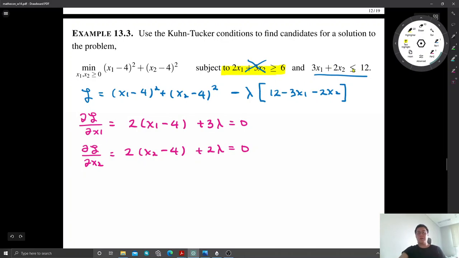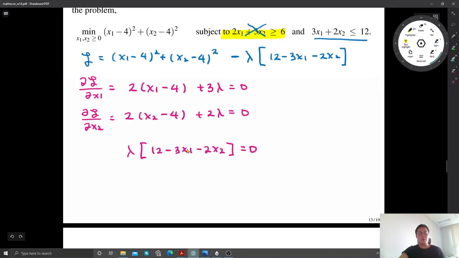The second Kuhn-Tucker condition is this constraint, which should be satisfied. And the last one is complementary slackness: lambda times 12 minus 3x1 minus 2x2 should be equal to 0.